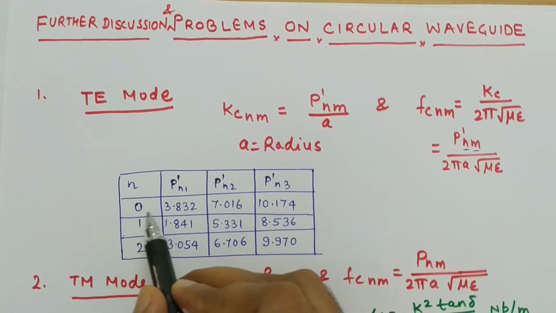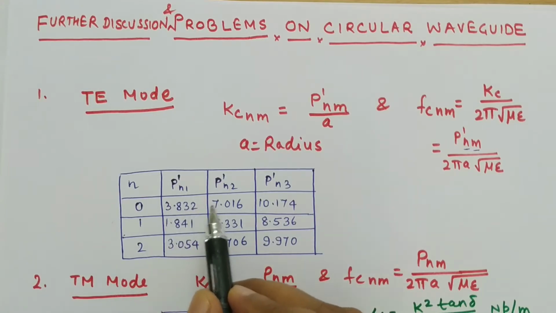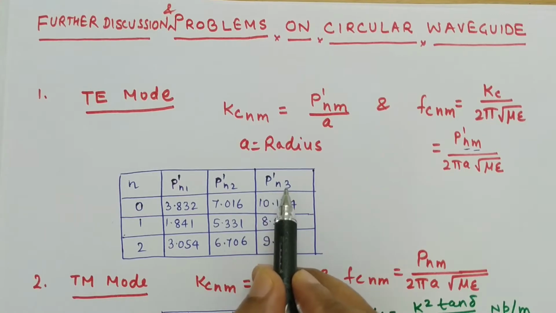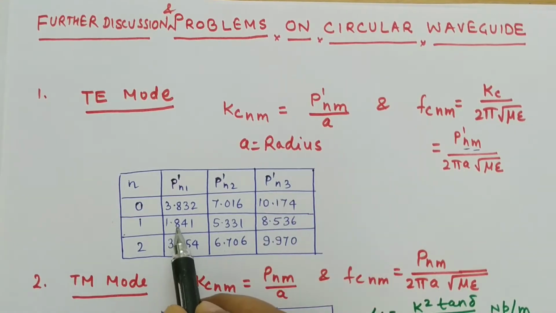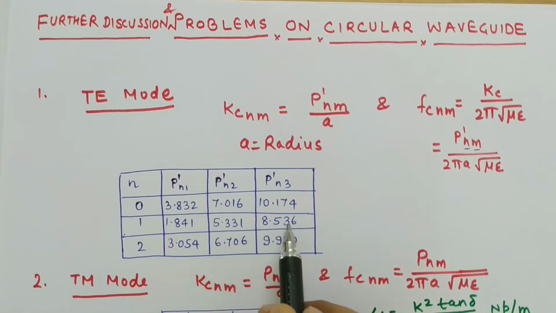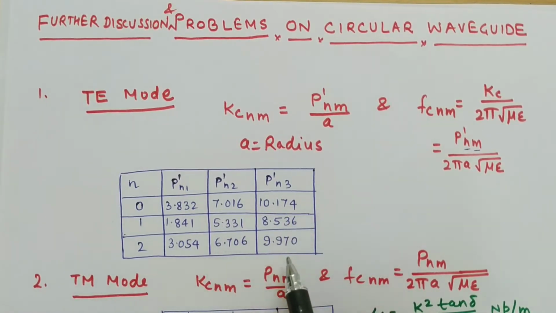If n is 0, this value will become P dash 01. This is P dash 02. This is P dash 03. Similarly, this is P dash 11, P dash 12, P dash 13. So like that we have values up to P dash 23, and based on these values we can decide the cutoff frequency and calculate it.